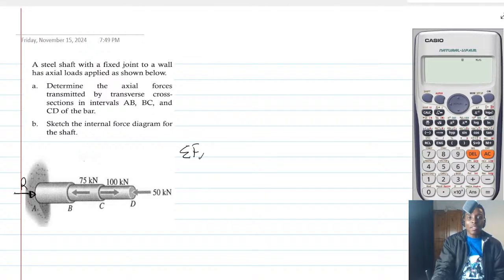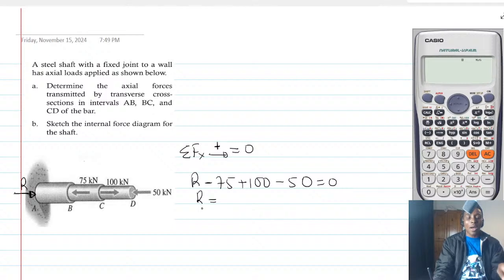Okay. So let's move forward. Summation of forces along the x, every force moving in the positive direction, equals 0. What do we have? R minus 75 plus 100 minus 50 is equal to 0. So therefore R is going to be what?